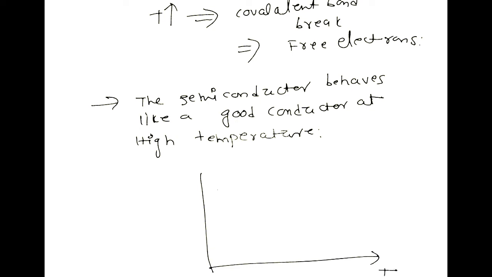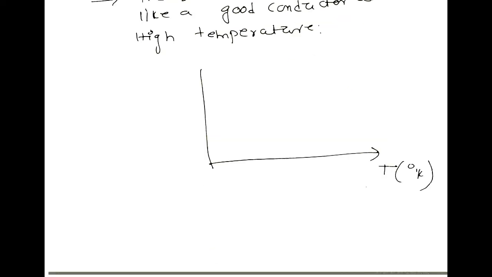The characteristic is something like this. This is temperature T, in degree Kelvin or degree centigrade. This is current I. At 0 degree Kelvin, absolute temperature, there is 0 current. As the temperature rises, current also rises, with an exponential characteristic. That is, as temperature increases, conductivity increases.